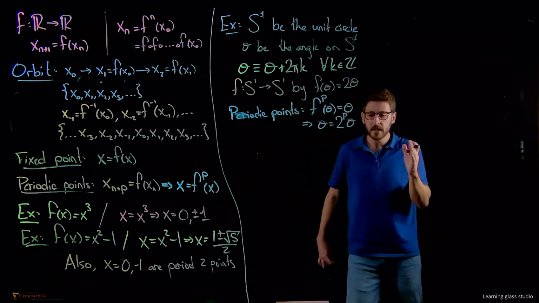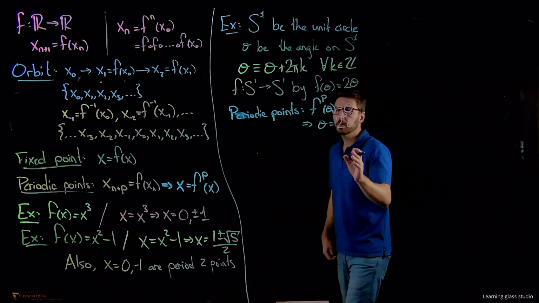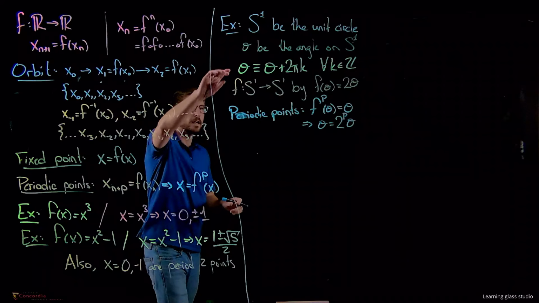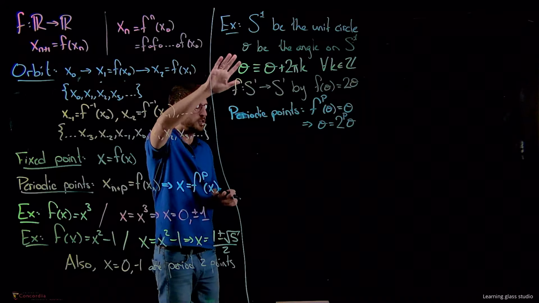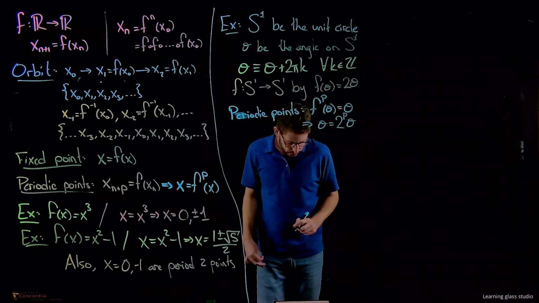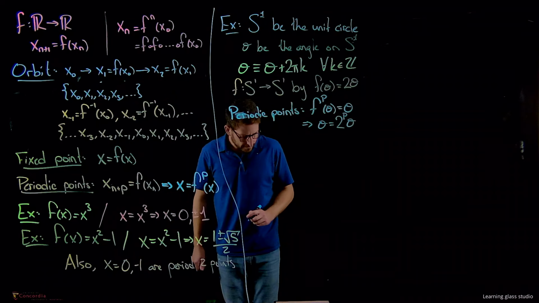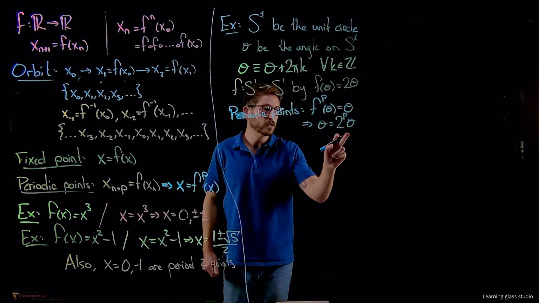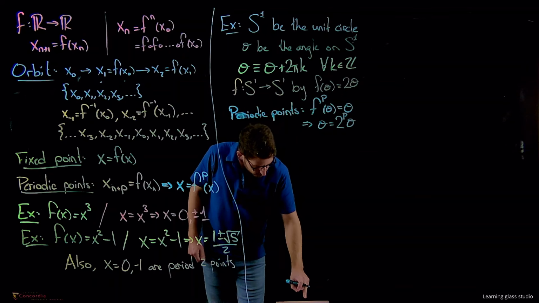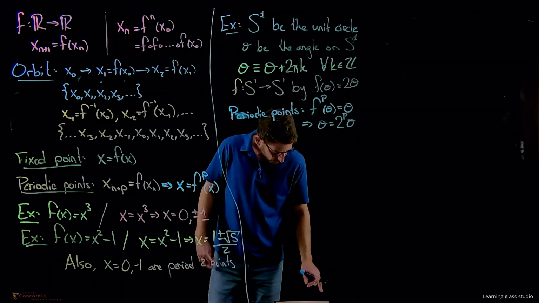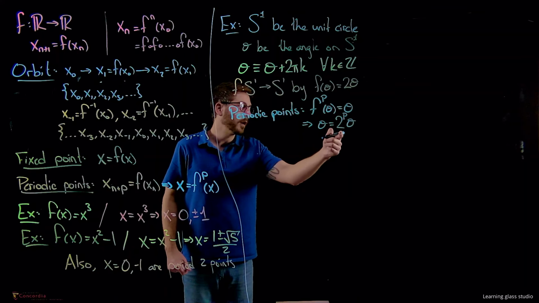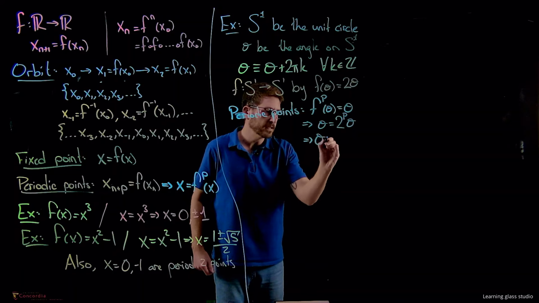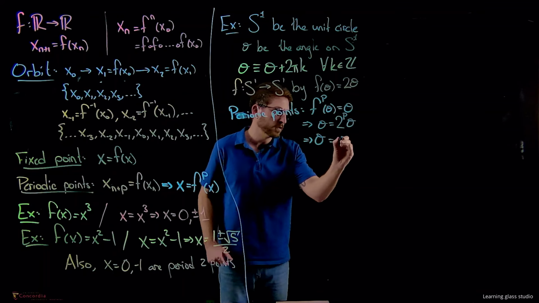Of course, this is taken modulo 2 pi, so I should really have an equivalence relation here, but it's understood implicitly. All of these points can be characterized using the periodicity of theta, so that theta is a period p point if and only if... I'm going to leave this as an exercise for you to determine on your own.